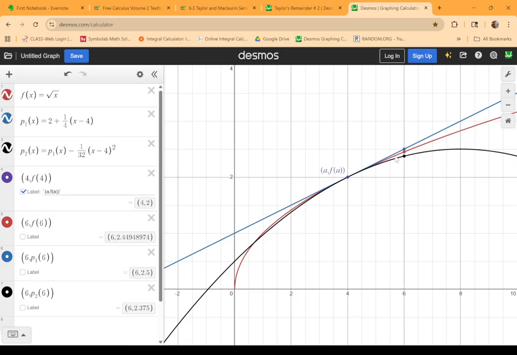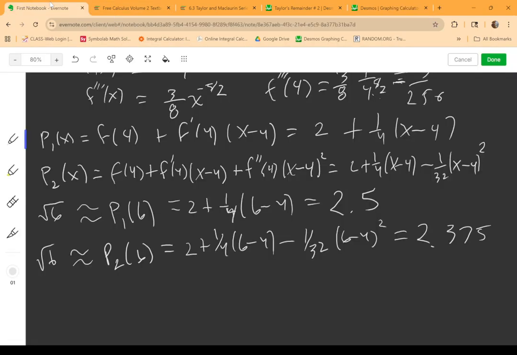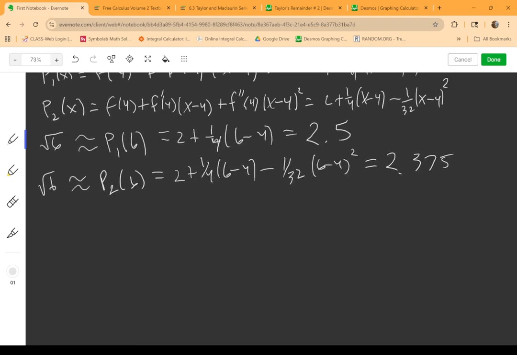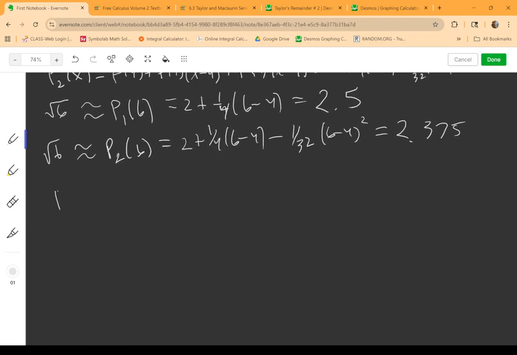Okay, so now the next thing I was asked to do is to bound the error. The way we do that, we're going to use Taylor's theorem. So here, I know that the remainder R1 of 6 is equal to f double prime of some value c over 2 factorial times 6 minus 4 squared.